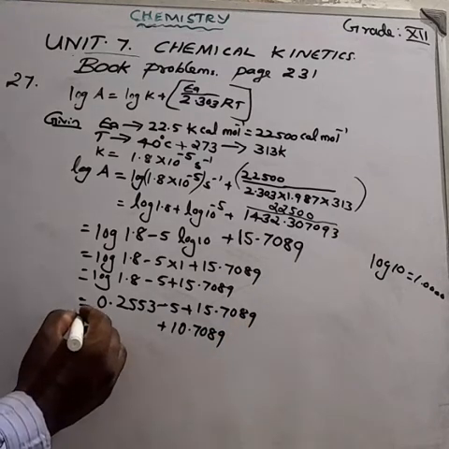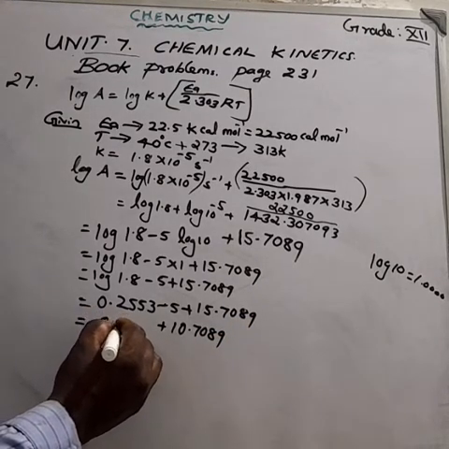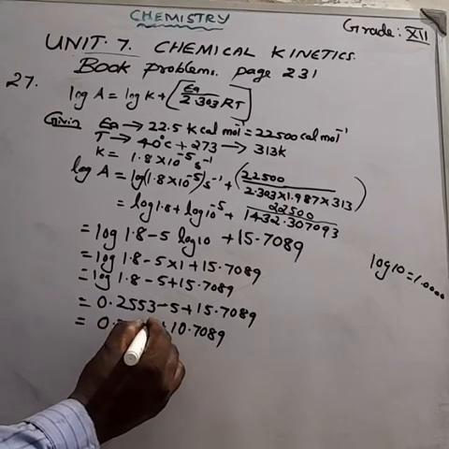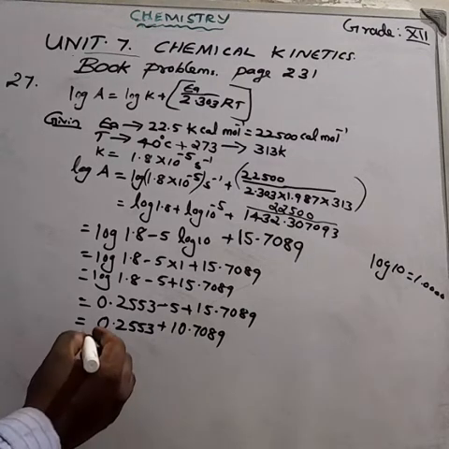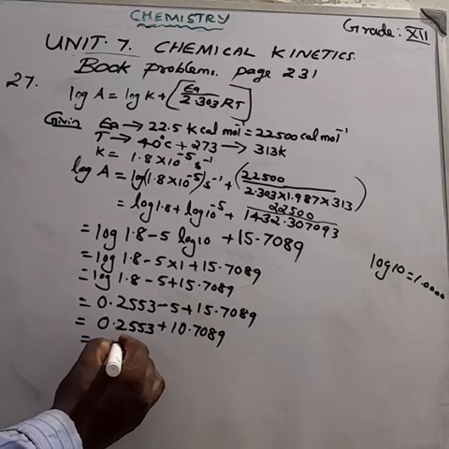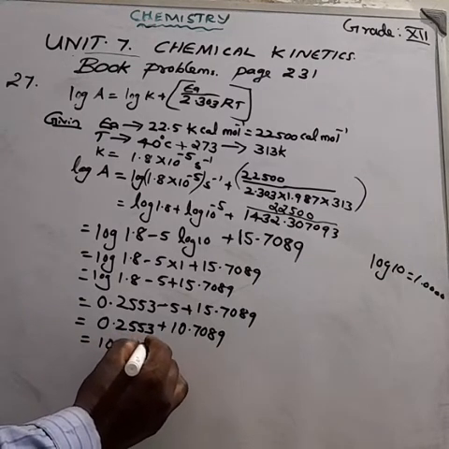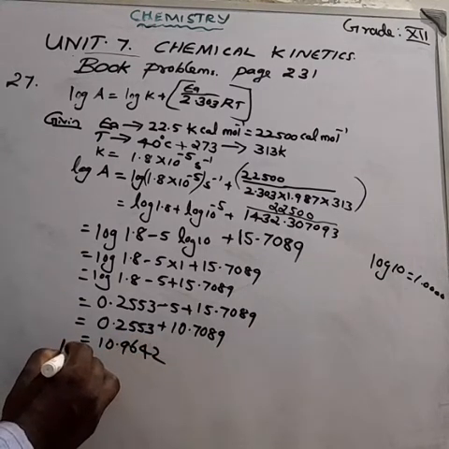Next I add 0.2553 plus 10.7089, that is equal to 10.9642. Log A is equal to 10.9642.